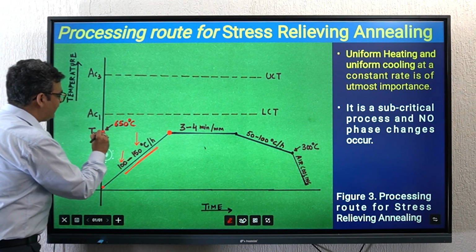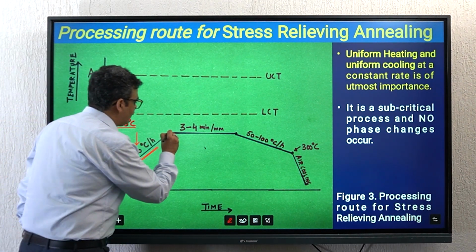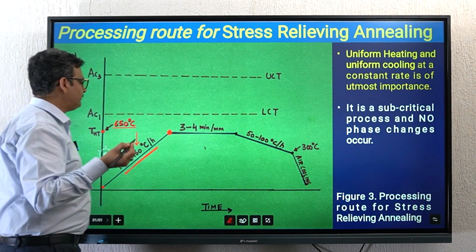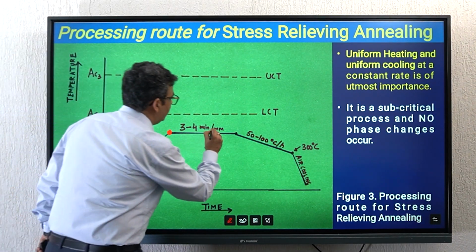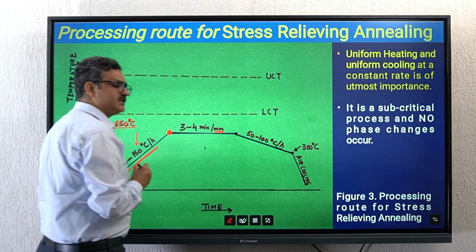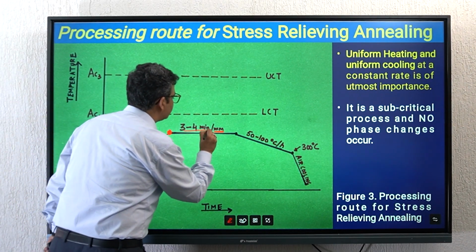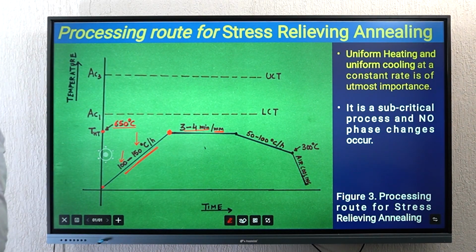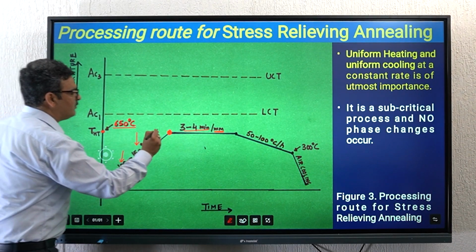We go till the heat treatment temperature of about 650 degrees centigrade. Now what amount of holding has to be done? That depends upon how big or small the component is. For 1 mm thickness of the cross section or the diameter, 3 to 4 minutes of holding has to be given. So if you have a component coming to you for stress relieving annealing and its cross section is about 2 mm thick, 4 to 8 minutes of holding should be given at the heat treatment temperature.